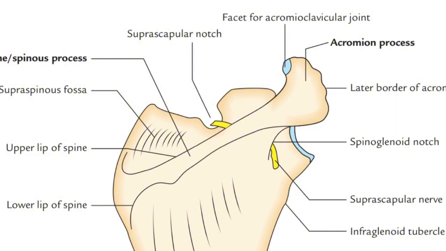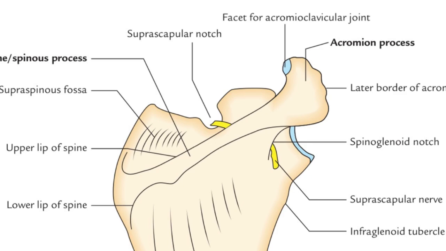First of all, it is a notch, but when the ligament crosses through the notch, it converts it to a foramen. Without the transverse suprascapular ligament, you cannot have a suprascapular foramen, and that is where the suprascapular nerve passes through, from the brachial plexus, C5, C6.